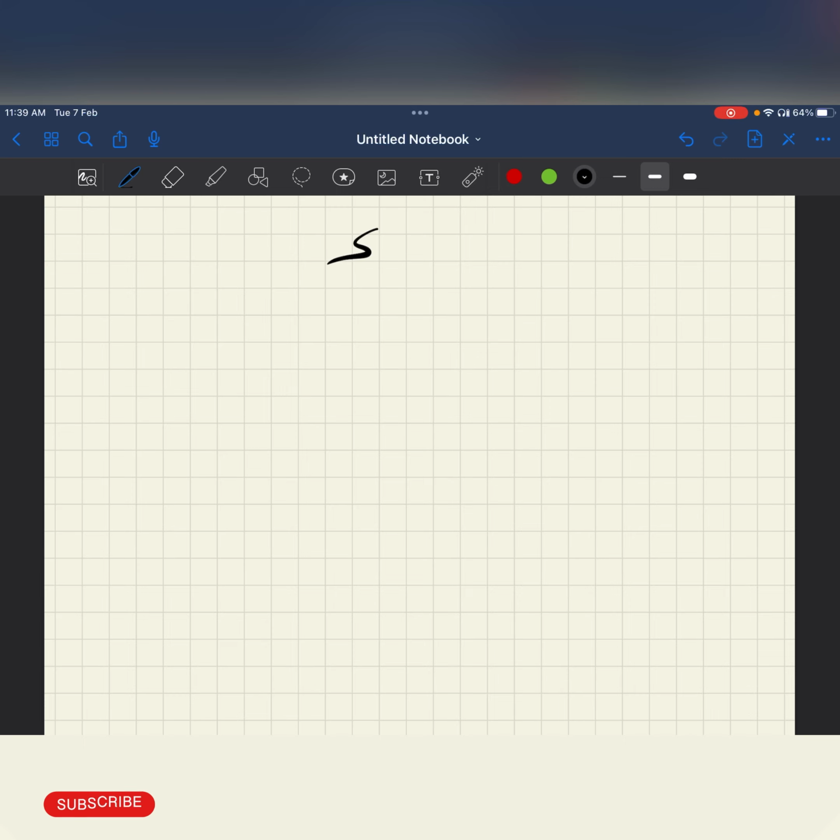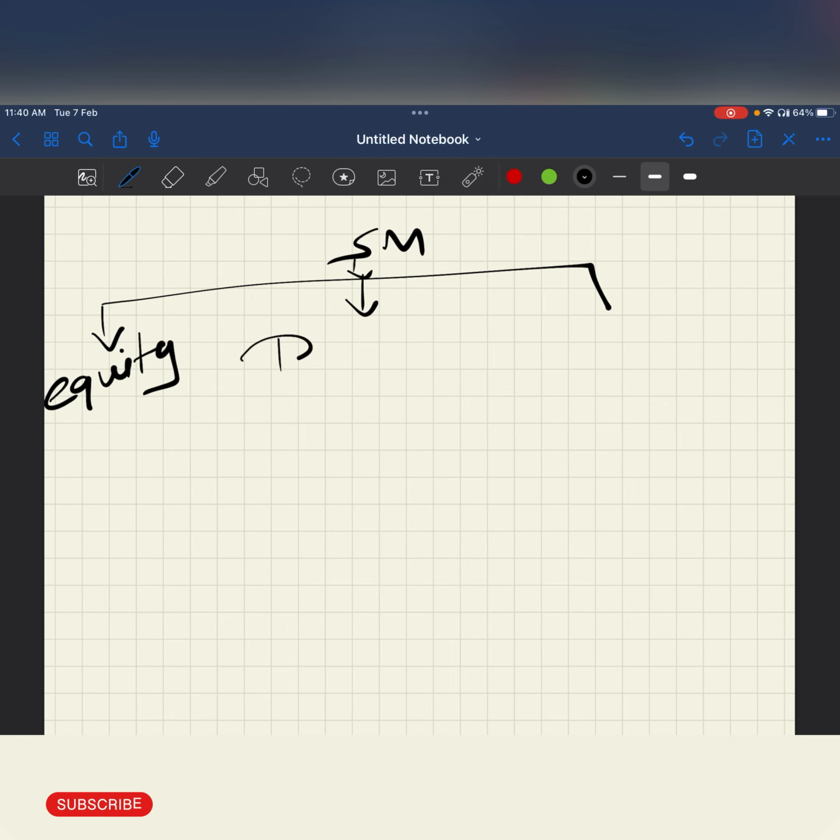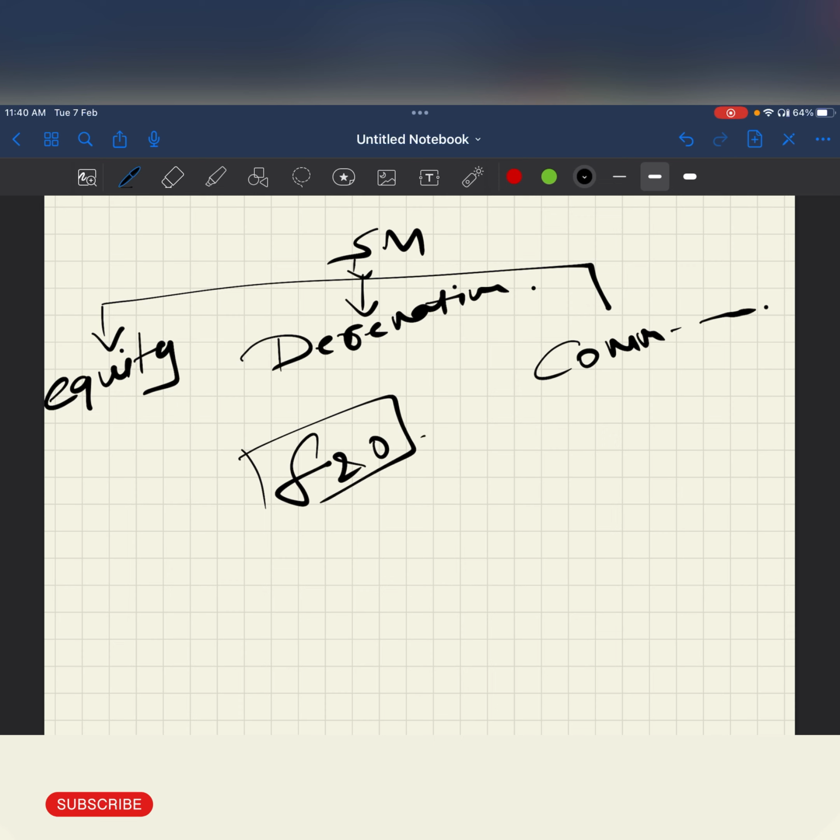For example, guys, this is the stock market. As you know, in the stock market there are several segments in which we can trade, like equity, derivative segment and commodity. F and O, futures and options, are part of the derivative segment.